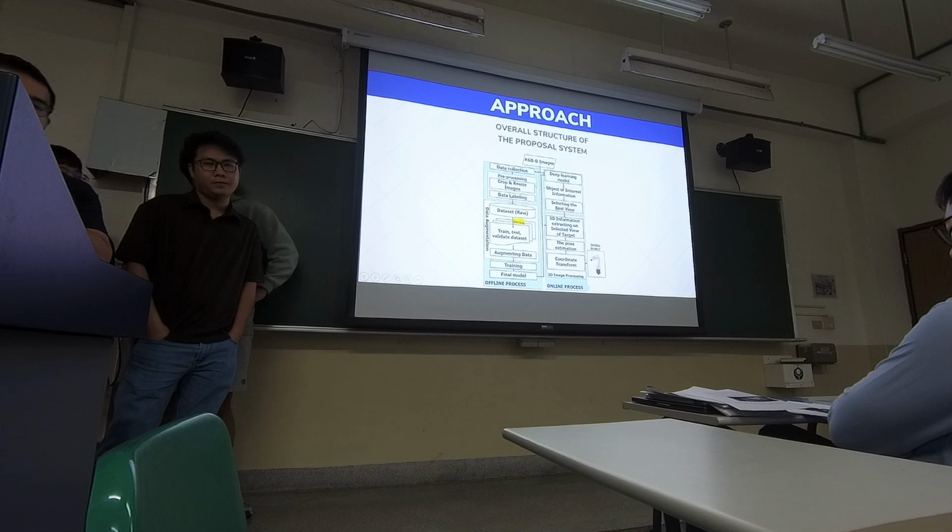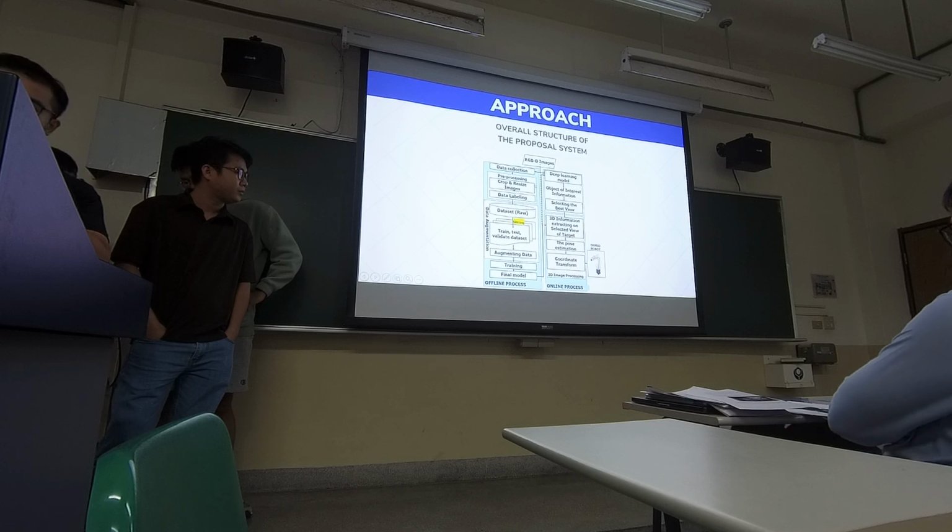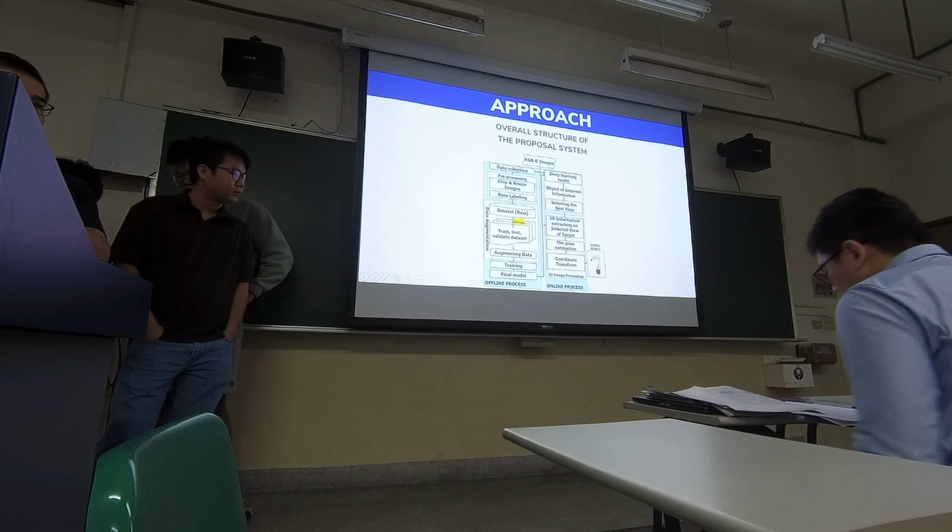After that, we can use that model in the system to extract the 3D information as well as estimate the pose, and therefore we can have a coordinate for the robot to follow to pick it up.